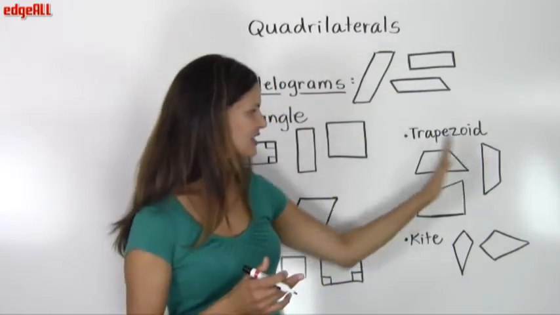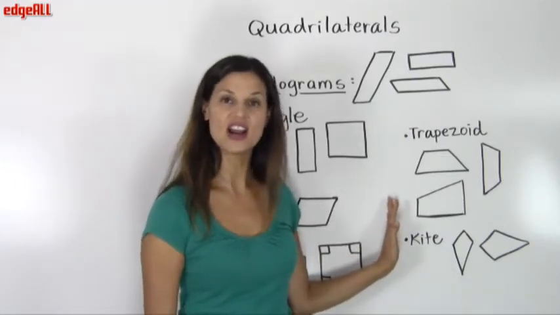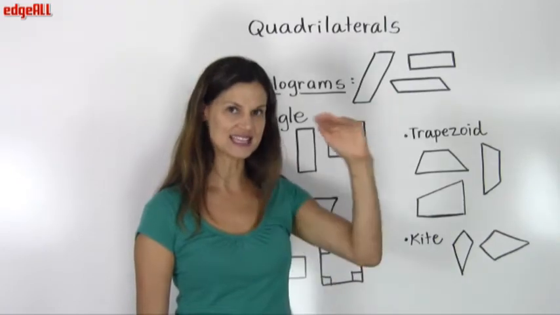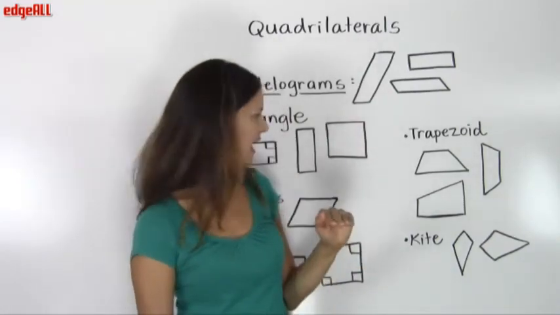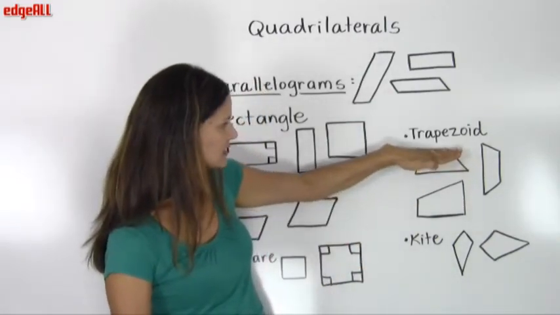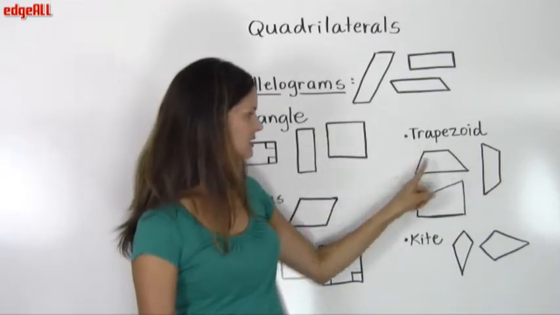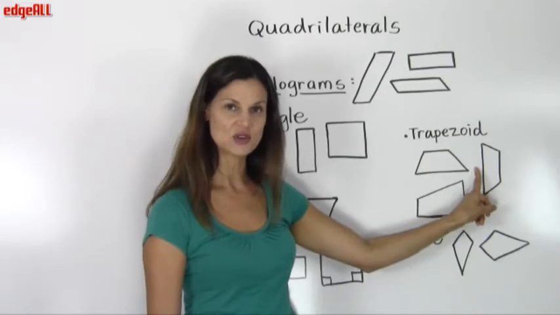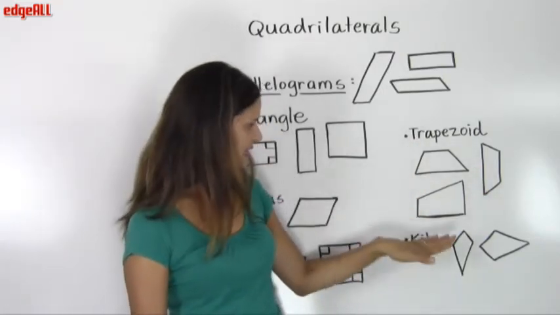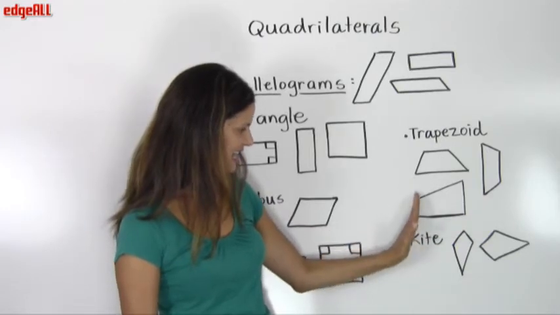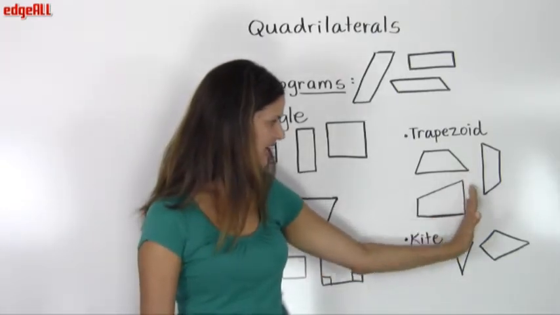So in these 3 trapezoids that I have drawn here, you can see that there is 1 set of lines, 1 set of sides across from one another, which are parallel. This one is parallel to this one. However, this is not parallel to this. So there's just one set of parallel. Similarly, on this figure, this line here is parallel to this line here.